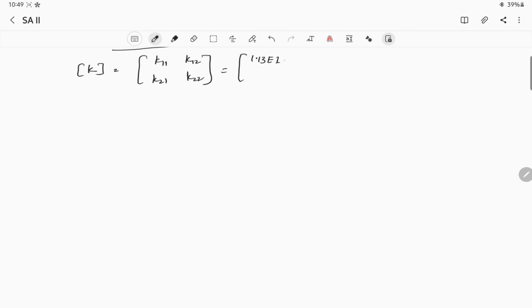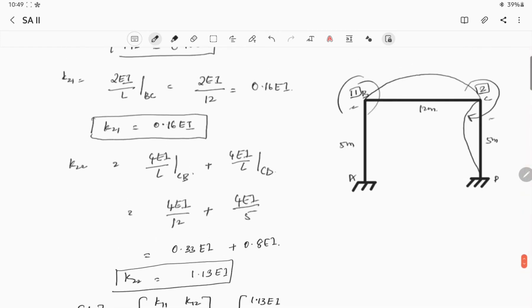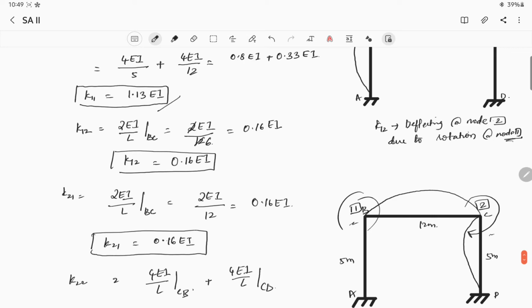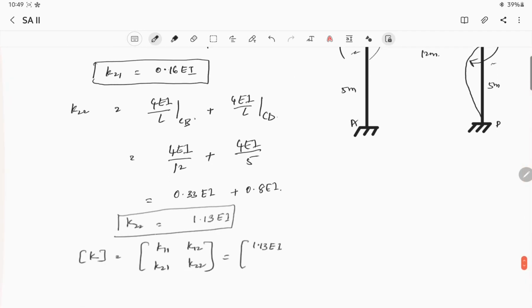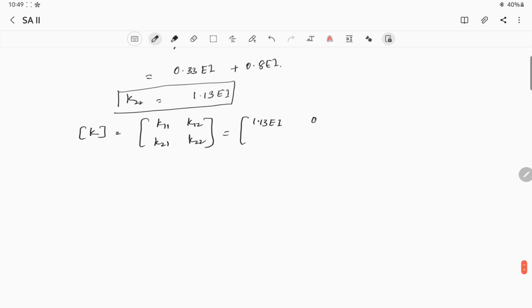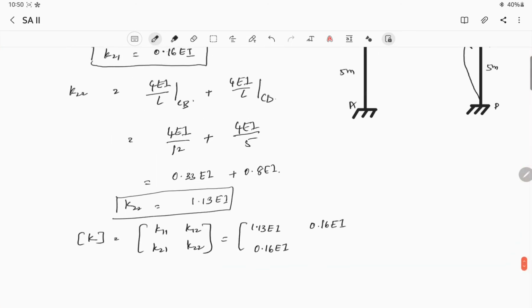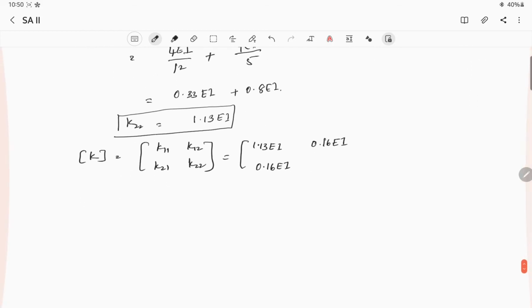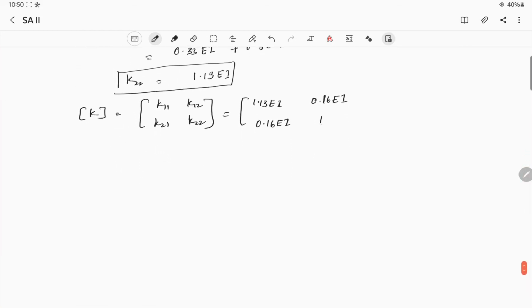K12 we got as 0.16 EI, and K21 we got as again 0.16 EI. Then K22 we got as 1.13 EI. This is my stiffness matrix, and this is the formulation of the stiffness matrix.